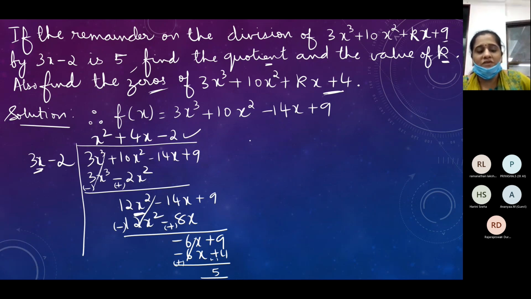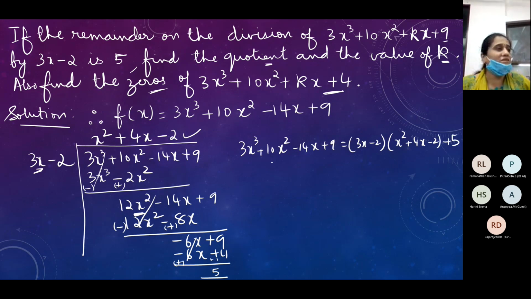So dividend 3x cubed plus 10x squared minus 14x plus 9 is equal to divisor 3x minus 2 into quotient x squared plus 4x minus 2 plus the remainder 5. Is this right? The division algorithm: dividend is equal to divisor into quotient plus the remainder.